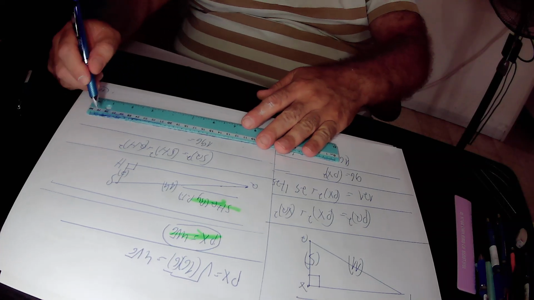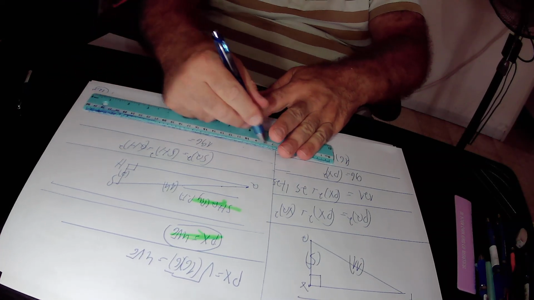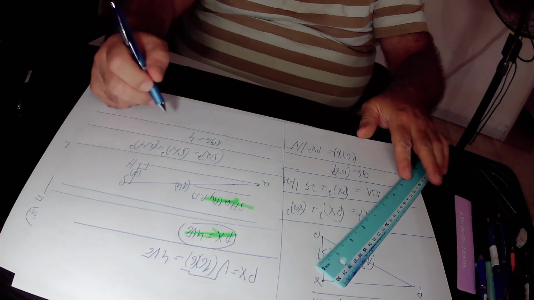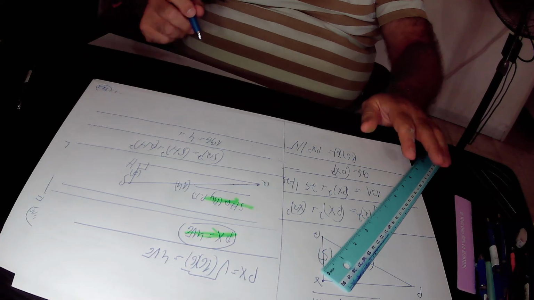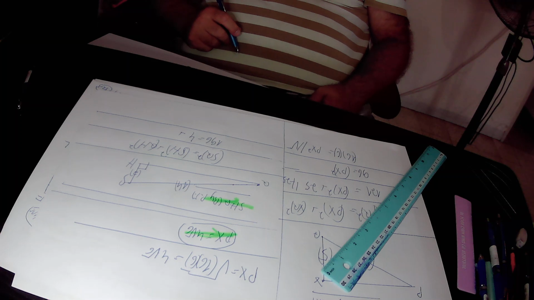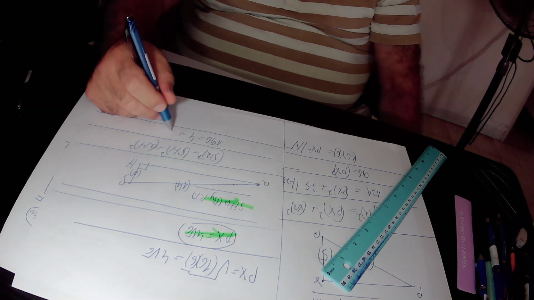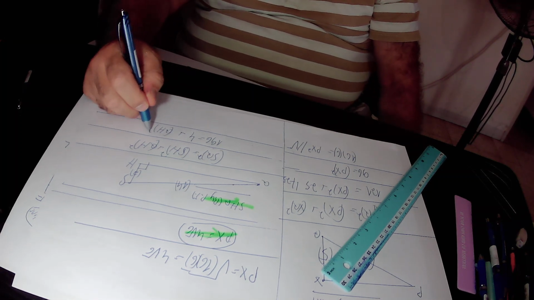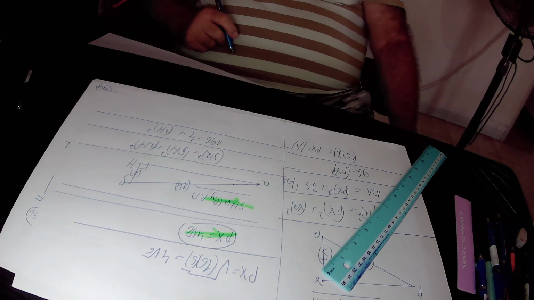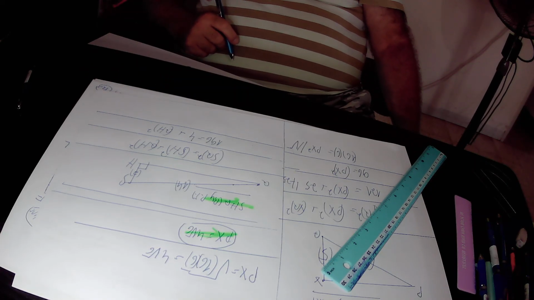SH is 2, therefore SH squared is 2 squared, that is 4, plus QH squared. QH is the missing side, so we leave it as it is. In total, we found that 196 equals 4 plus QH squared.